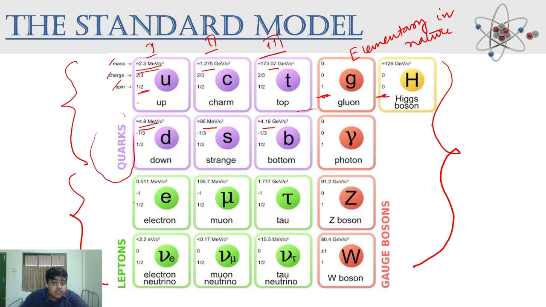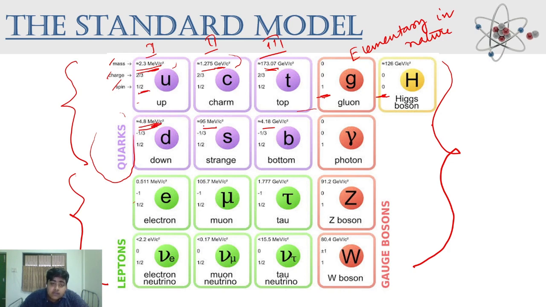One thing to be considered here is the unit. This is in mega electron volt, and this is in giga electron volt. So the mass of the charm quark is much greater than that of the up quark, whereas the mass of the top quark is even greater. Here, this is in mega electron volt.